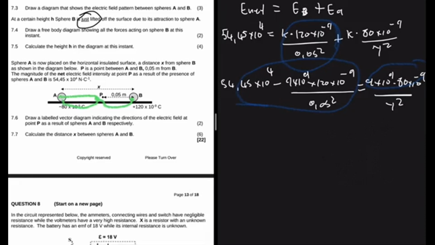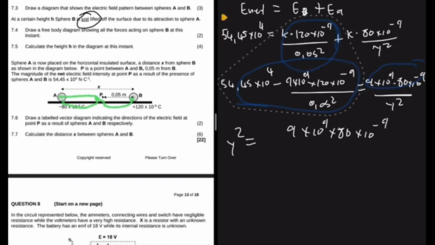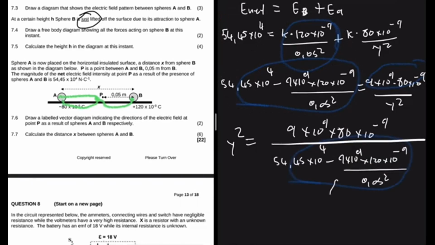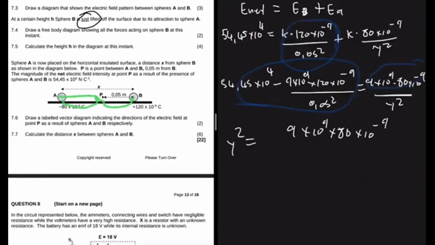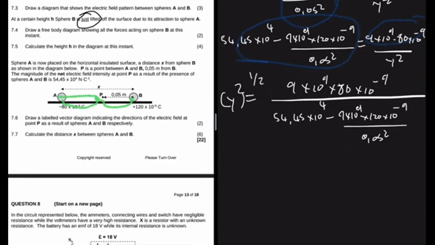So we're going to have y squared equals 9 times 10 to the power of 9 multiplied by 80 times 10 to the minus 9 divided by this entire expression. So that's essentially what we're doing there. And then after this, we will take square roots on both sides. So we have y squared to the power half, and then this entire expression to the power half.